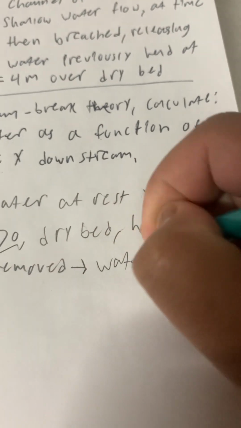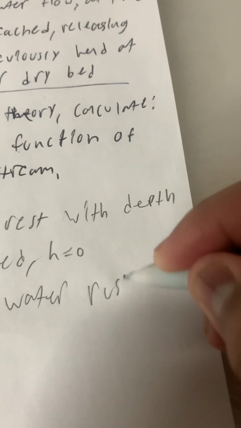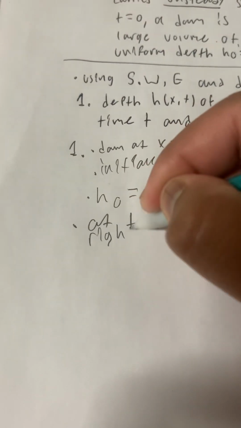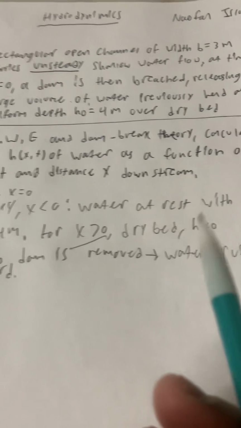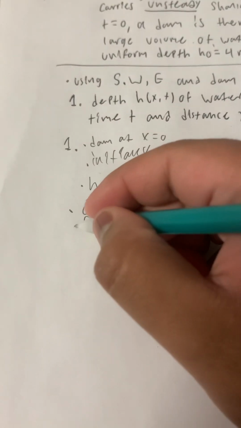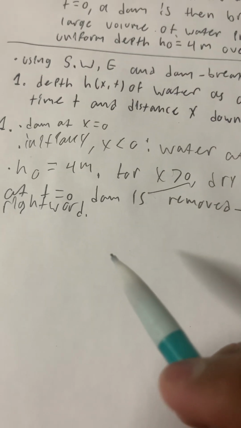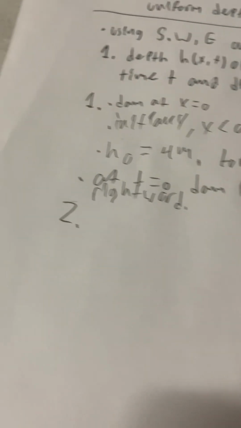So then water is going to rush rightward. So now that we've hopefully understood and assessed the setup for what we're trying to solve, at this point, we should be using the shallow water equations to get it going.